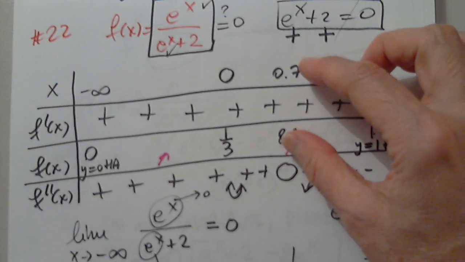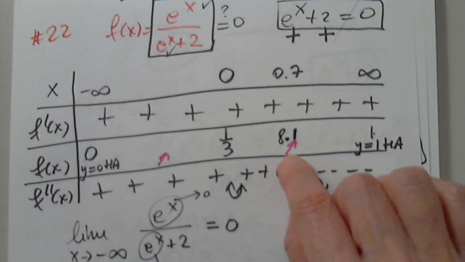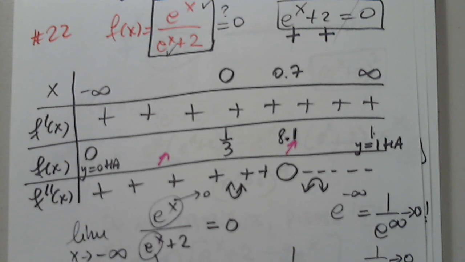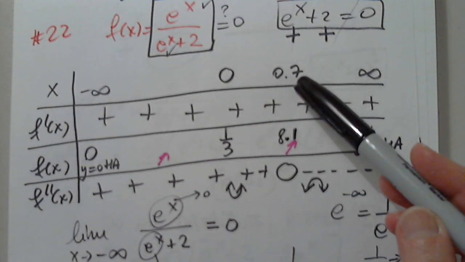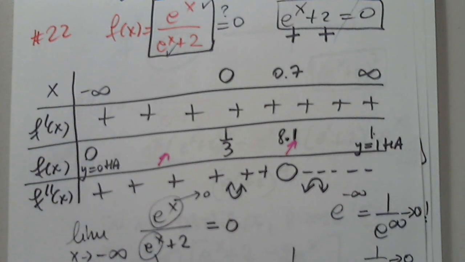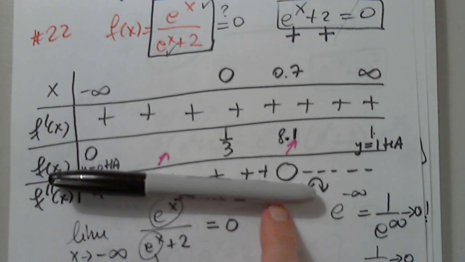What type of point is this? I need to write something next to it or underneath. So what point is 0.7 comma 8.1? Always remember it comes from the second derivative.